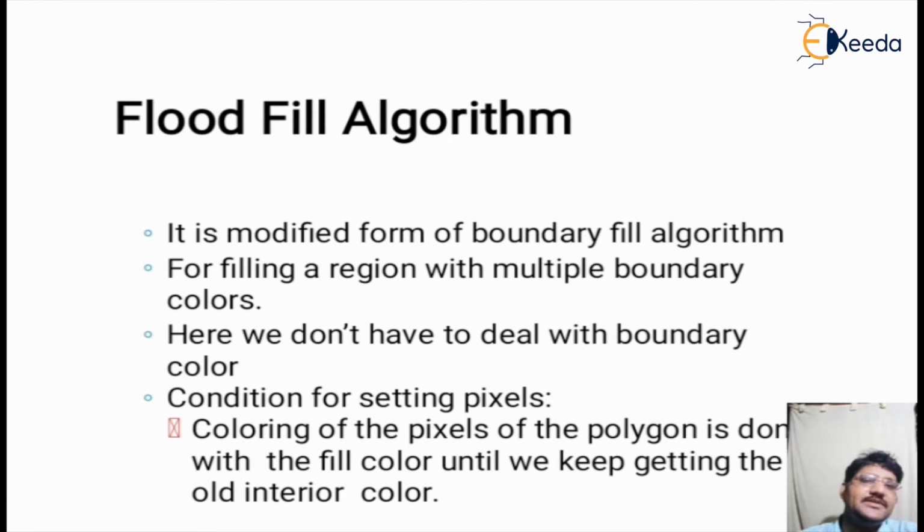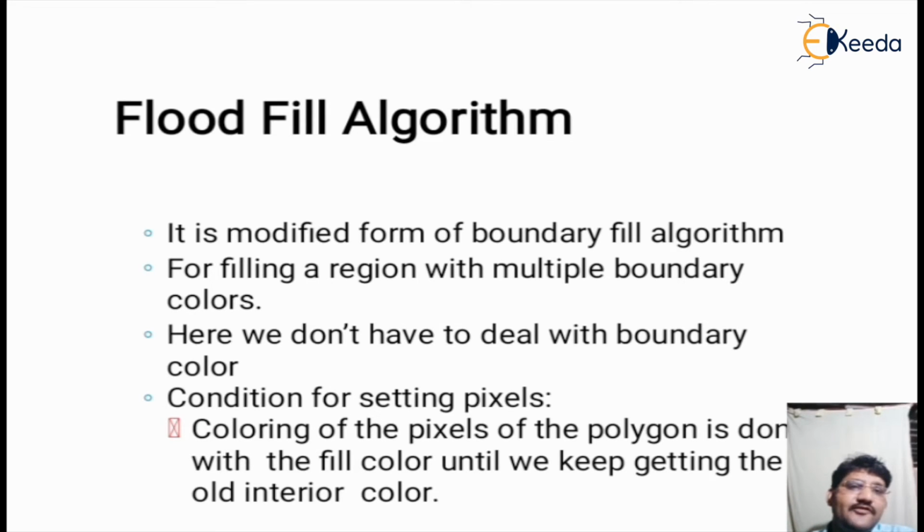Now the second important polygon filling algorithm is the flood fill algorithm. Flood fill algorithm is a modified version of the boundary fill algorithm. In this algorithm, we fill a region with multiple boundary colors; here we don't have to deal with the boundary color.